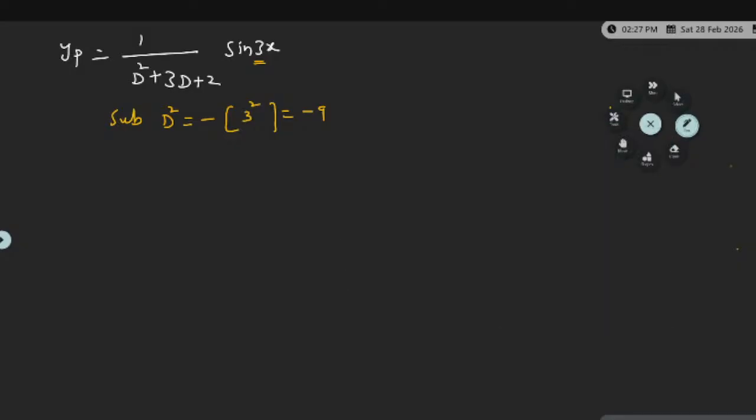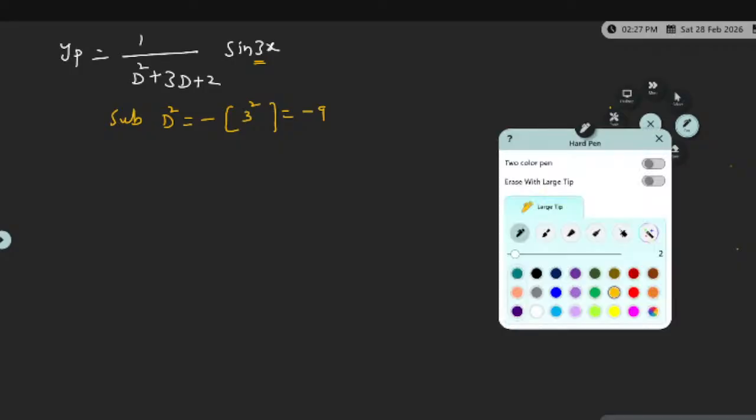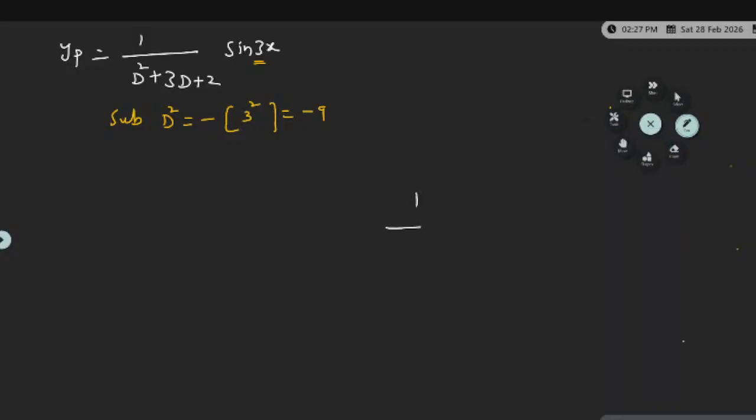D square equal to minus, what is the value of a? 3 square. Now one more thing, this is another case.